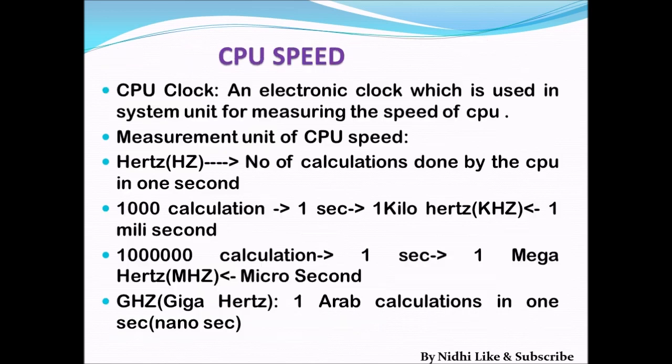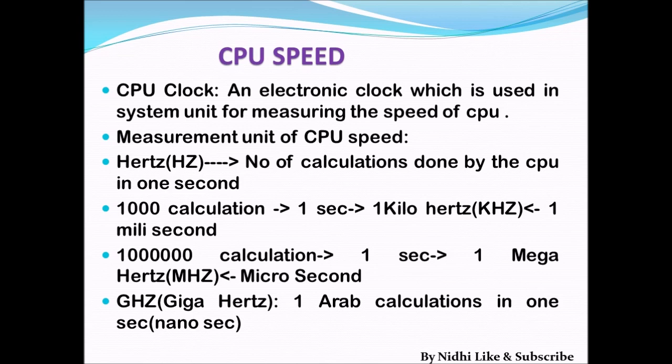Next thing is CPU speed. CPU speed is measured in terms of clock rate. Clock rate means an electronic clock is used in the system for measuring the speed of a CPU. The measuring unit of CPU speed is hertz. Hertz means the number of calculations done by the CPU in 1 second, and when we combine 1000 calculations, it becomes 1 kilohertz.